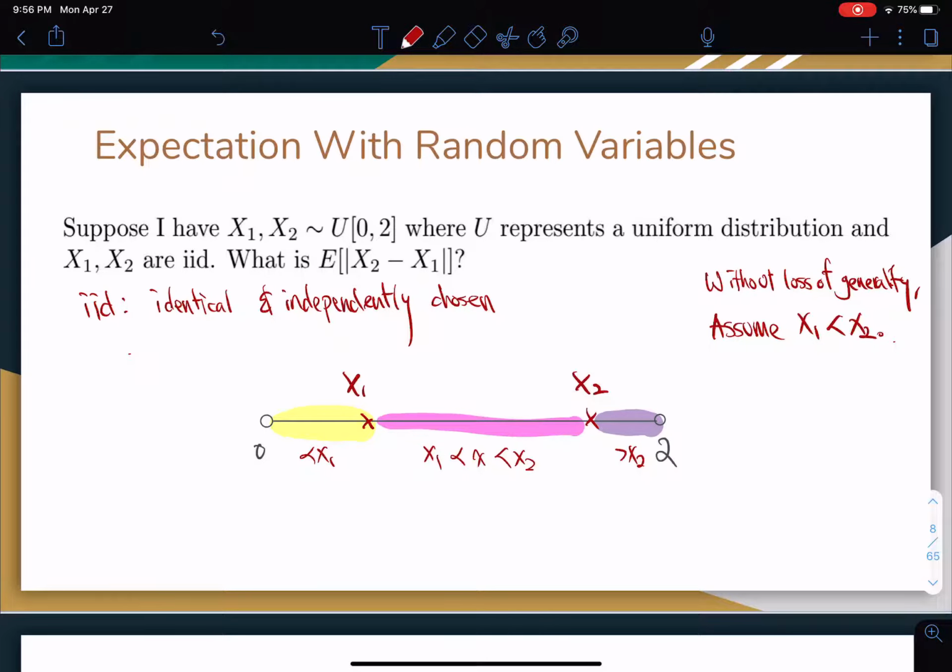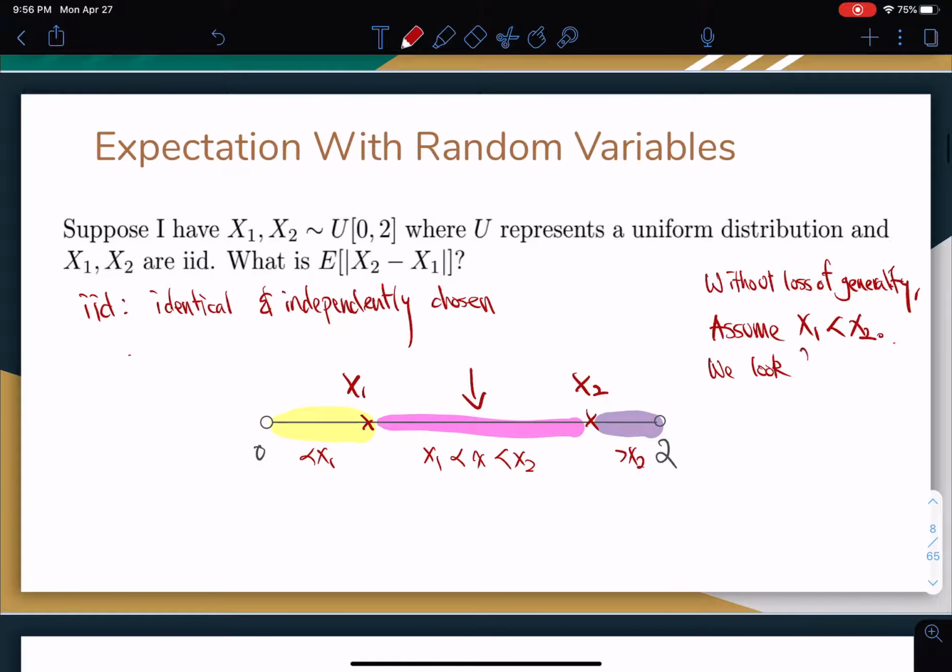So we can separate into 3 distinct regions. And this is the region we're looking for, between x1 and x2. We look for the distance in that region, because this is our ultimate goal.